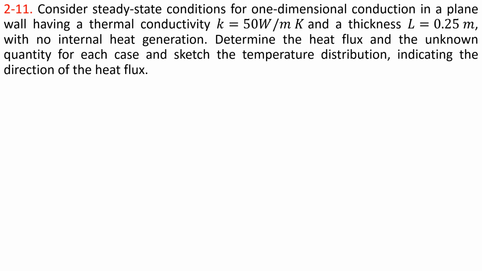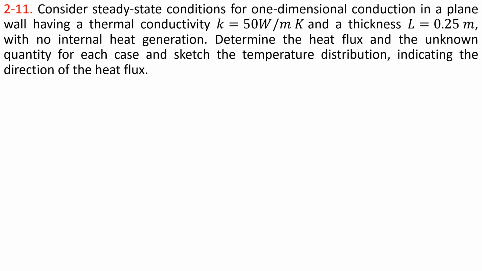Now we are moving towards our second problem, which is problem 2-11 of our textbook by Incropera and DeWitt, and its statement is: consider steady state condition for one-dimensional conduction in a plane wall having a thermal conductivity k equal to 50 watt per meter Kelvin and a thickness L equal to 0.25 meter with no internal heat generation.